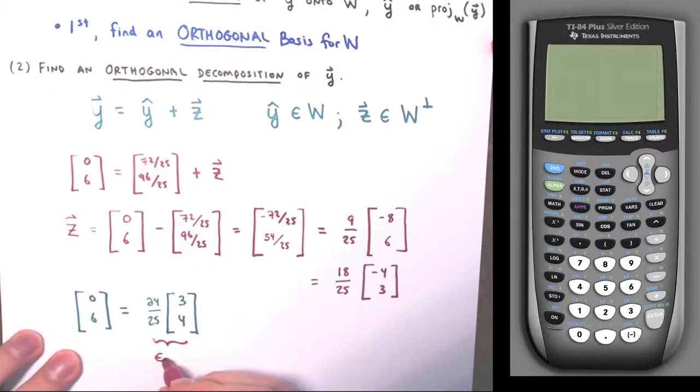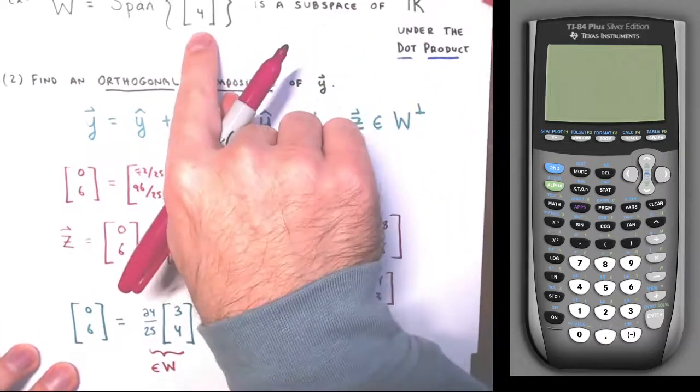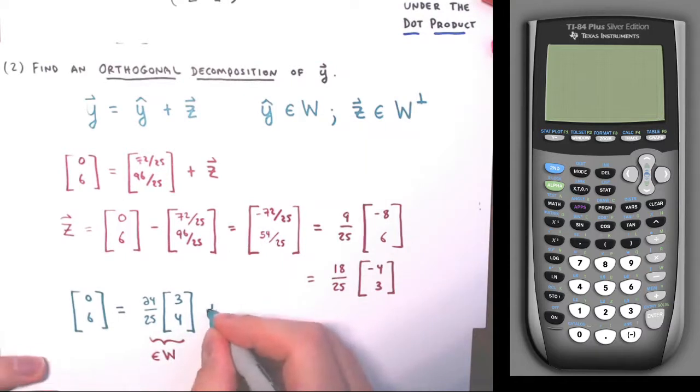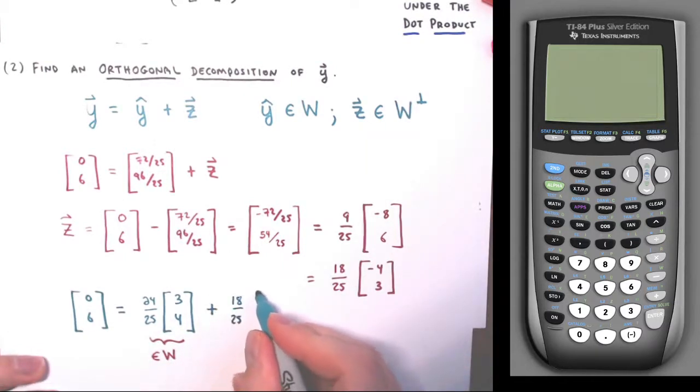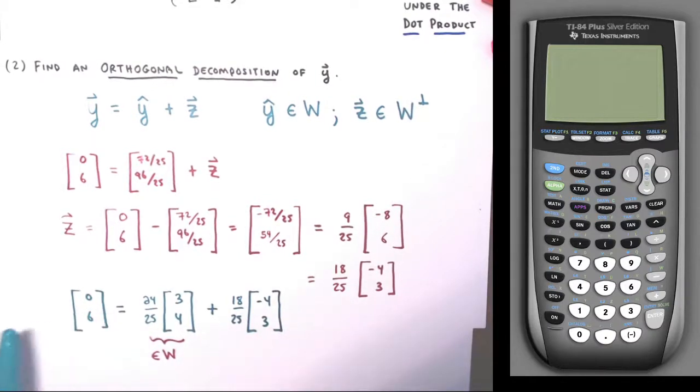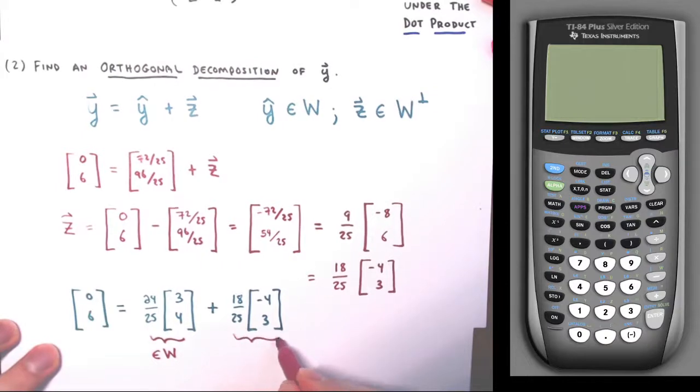This belongs to W; it's a scalar multiple of 3, 4. That was in W. And then plus this 18/25 times the vector negative 4, 3. And this vector belongs to the orthogonal complement of W.